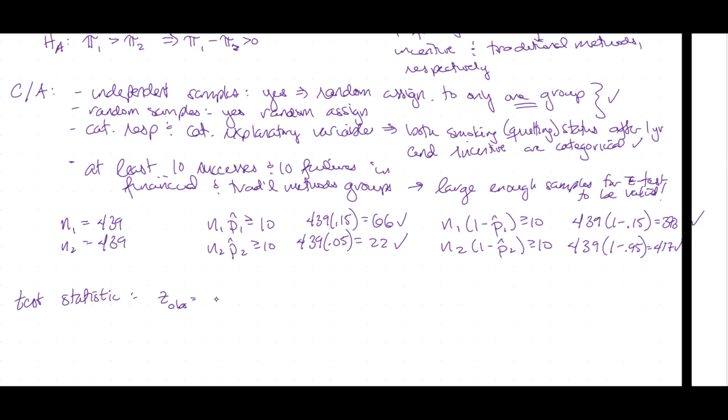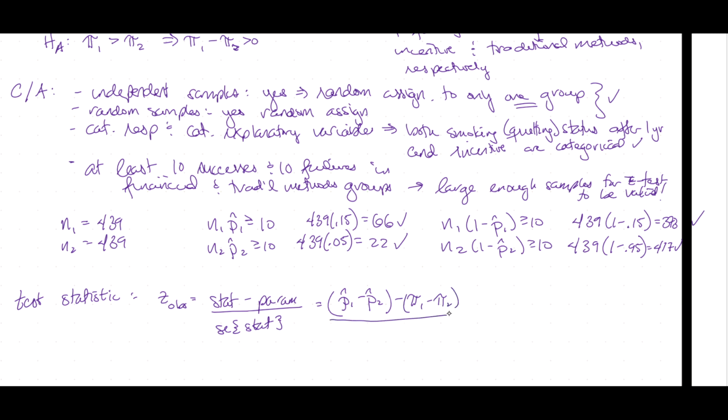It's going to be our statistic minus the parameter of interest divided by the standard error of our statistic. Our statistic is p1 hat minus p2 hat. Our parameter comes from the null hypothesis, so that's going to be the hypothesized difference between pi 1 and pi 2.